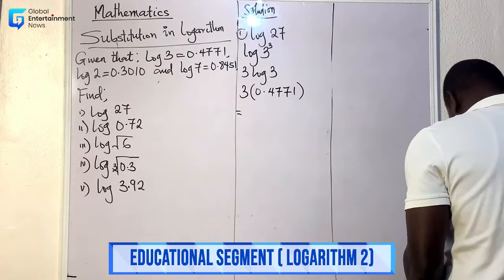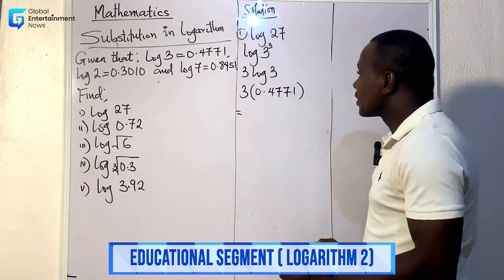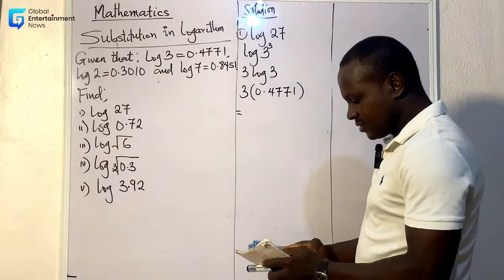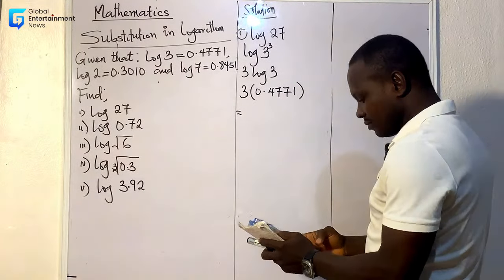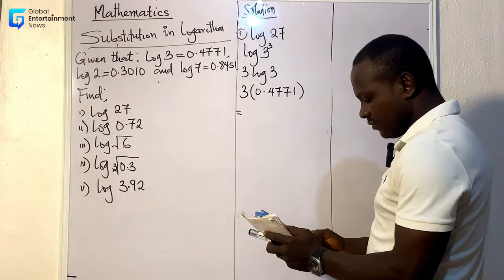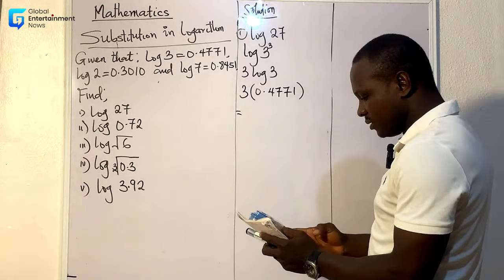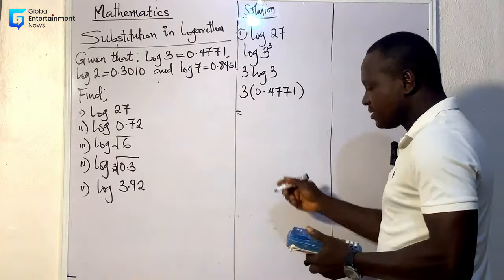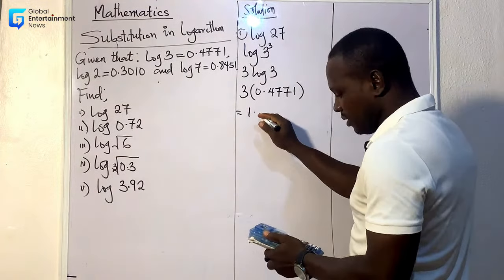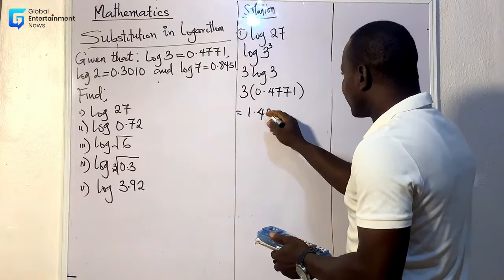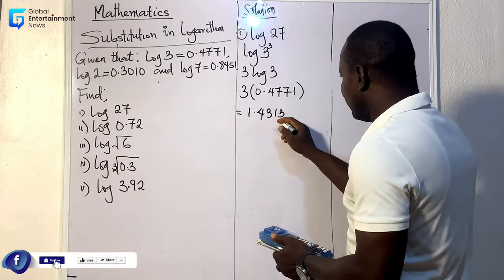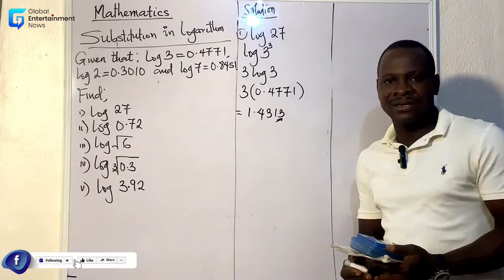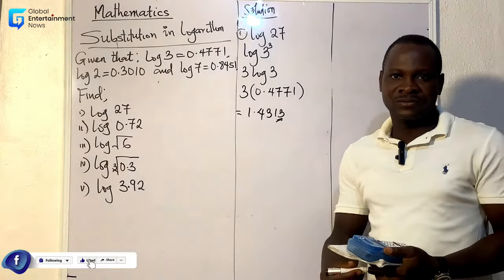Take my calculator. We have 3 times 0.4771, and the answer is 1.4313. And that is my final answer for the first question.